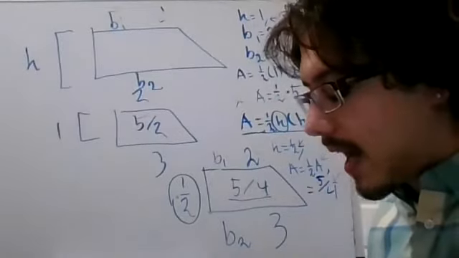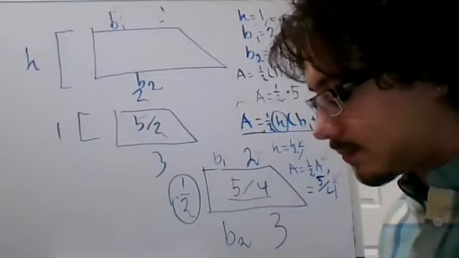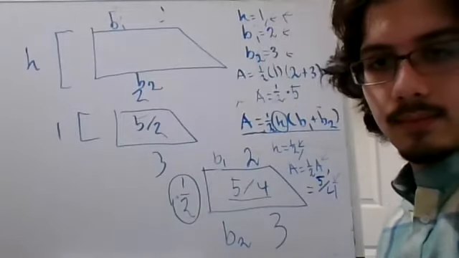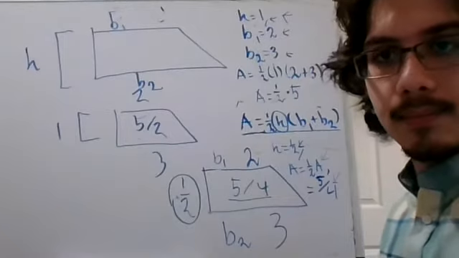So what's the opposite of a half? A whole. 0.5.